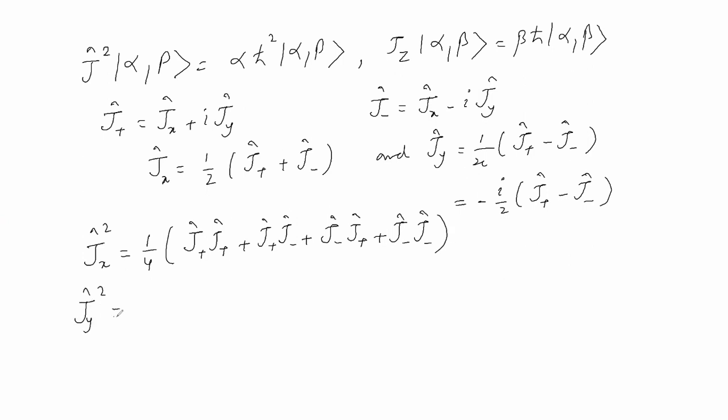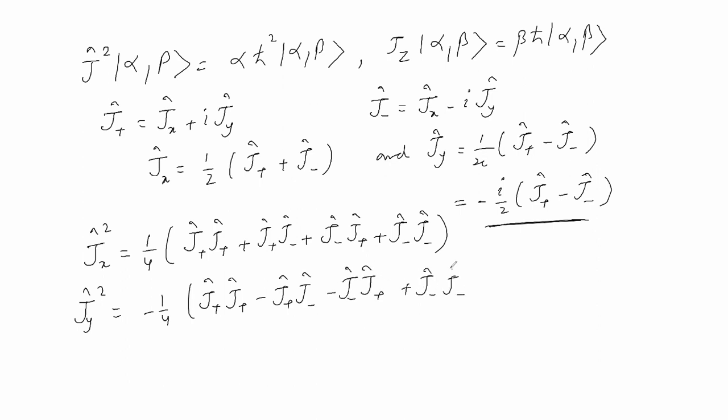Or Jy square would be minus one fourth of J plus J plus, minus J plus J minus, minus J minus J plus, plus J minus J minus.